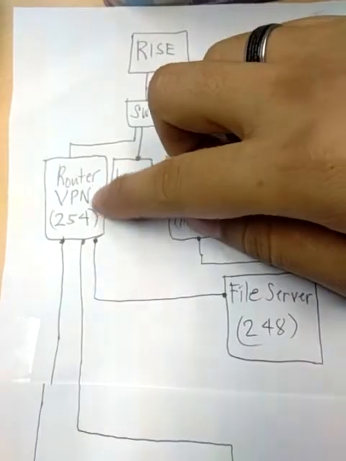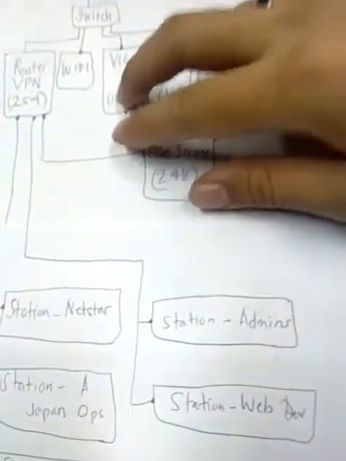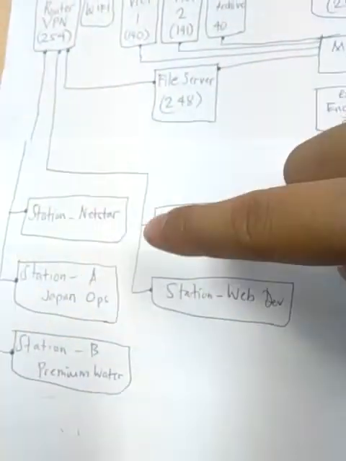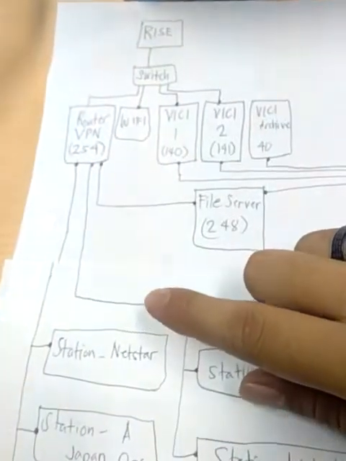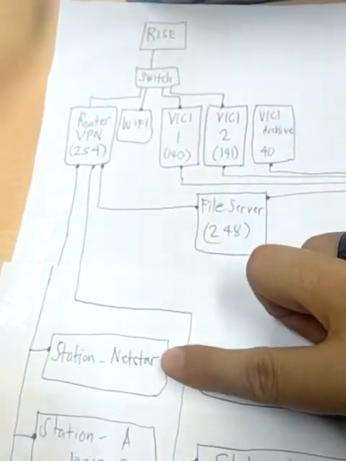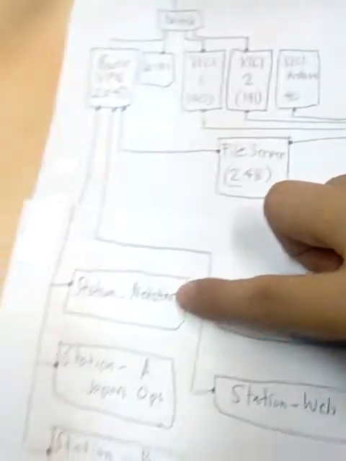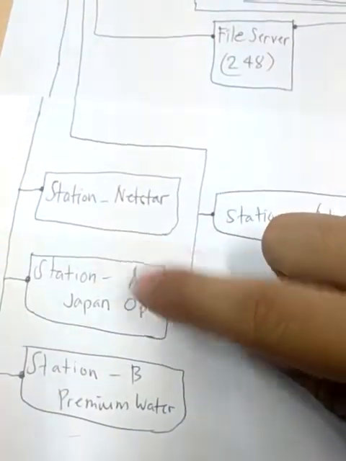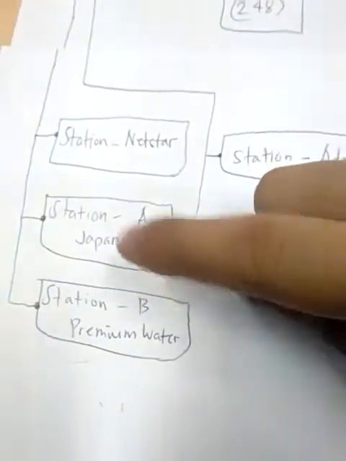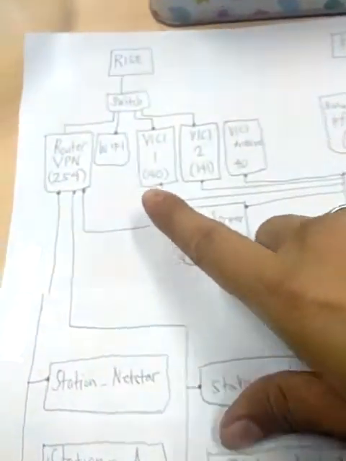And so from here, the router. These are the stations that are connected with RISE. The Netstar, I guess most of them are configured with the 254 gateway, all of them routed with RISE, as well as the Japanese operation, station A, and station B. Half of station B is configured on 254.